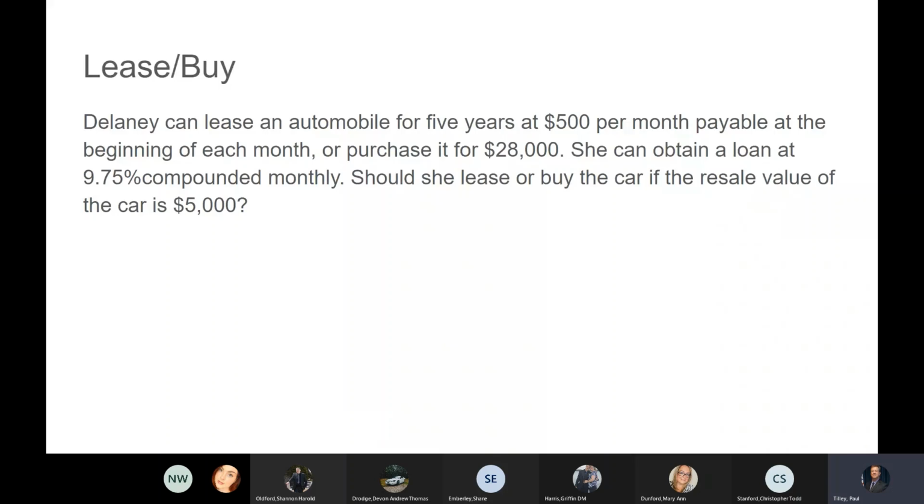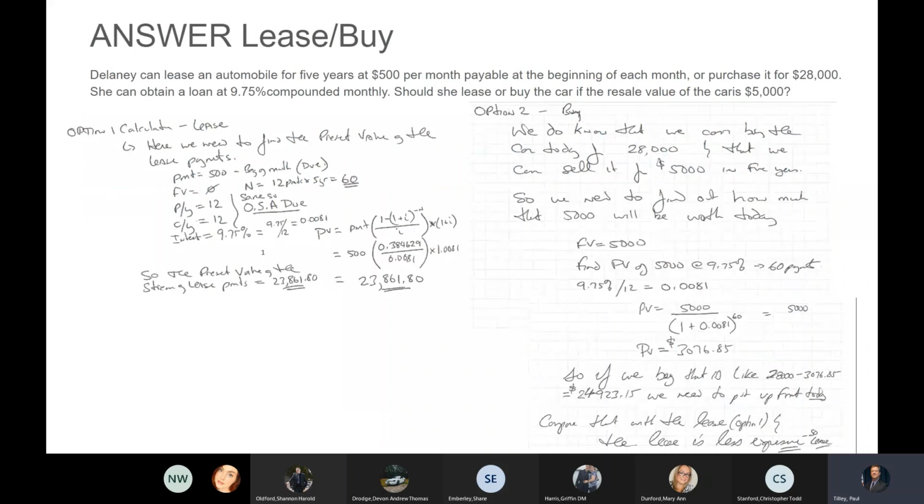The buy option is $28,000 up front now, and you get the equivalent value of $5,000 back at the end. So we need to find the present value of that $5,000 at the preceding interest rate, which is 9.75%. So there are some calculations that we need to do. First of all, we're going to look at the lease, which is the string of payments. We know the payment is $500. We don't know the future value.